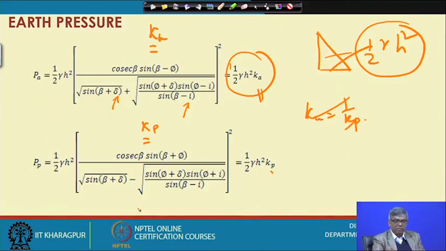Actually, a more accurate value we get from Coulomb's theory, that is, a lesser value, whereas in Rankine's theory we get a higher value. So knowing this fact, to make the design more appropriate, people use Rankine's theory with some reduction, 10 to 15% reduction. Otherwise, one can directly use Coulomb's theory.